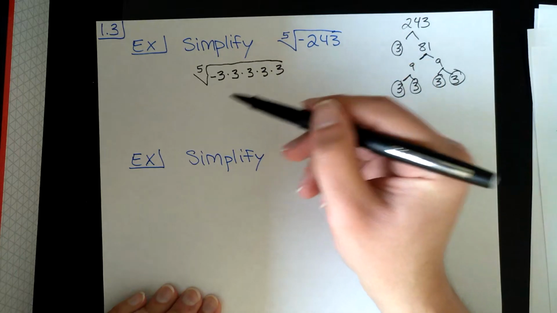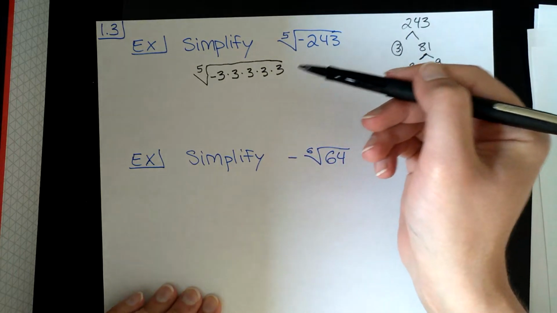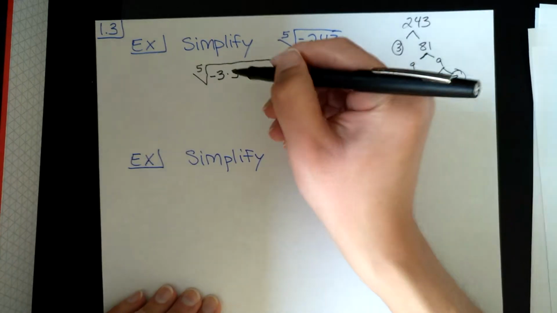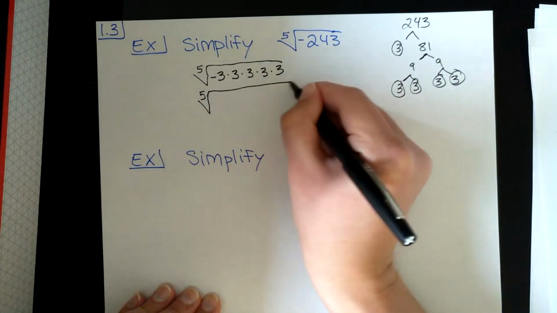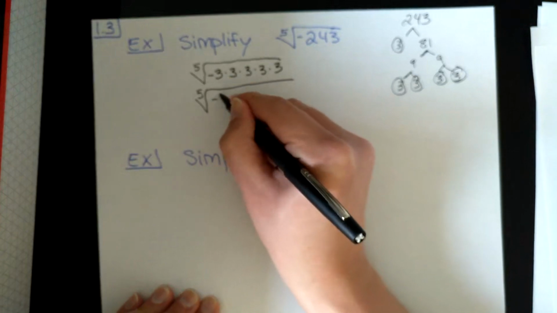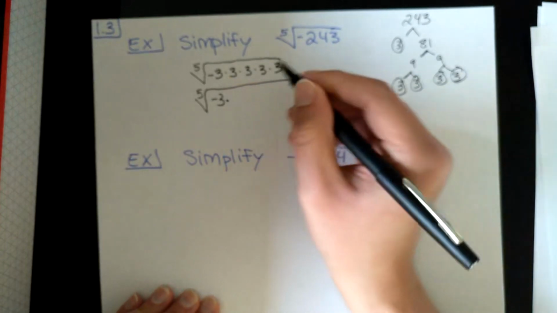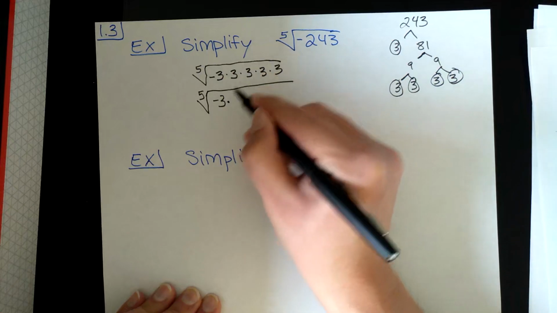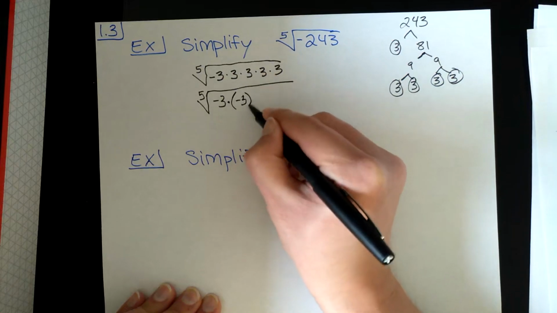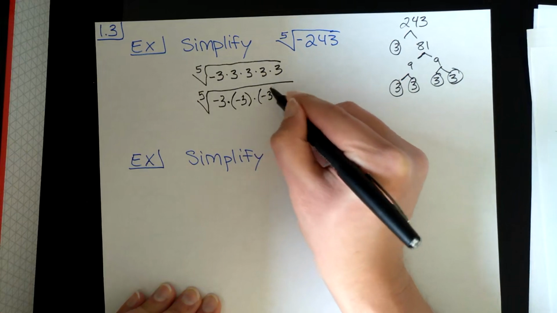So multiplying 2 negatives is the same thing as multiplying 2 positives, which means we can rewrite this problem as the 5th root of this negative 3 times, we're going to change every pair of positive 3's to negative 3's.